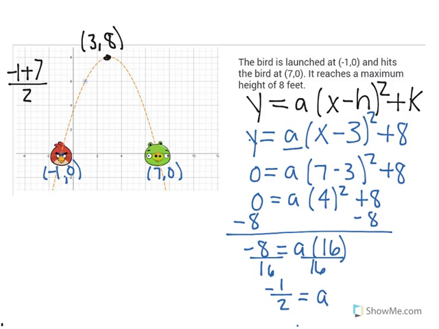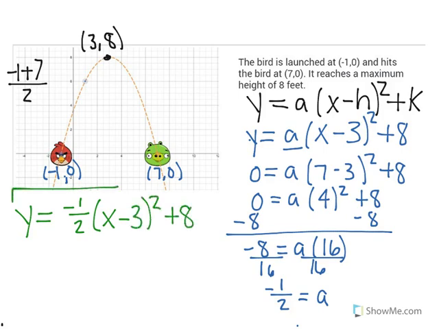So the final part of this problem is to go ahead and write the exact equation with the new A value. So that equation right there, y equals -1/2 (x minus 3) squared plus 8, is the exact path that that bird traveled.